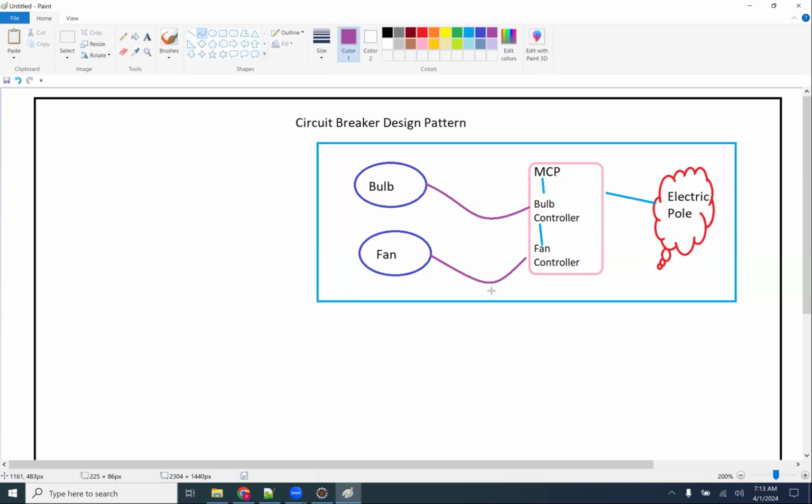Now, my requirement is that I am working from home. I need a bulb and fan and one more electric equipment, a switch, laptop charging switch. These three things should work irrespective of whether electricity is there or not. I don't care.